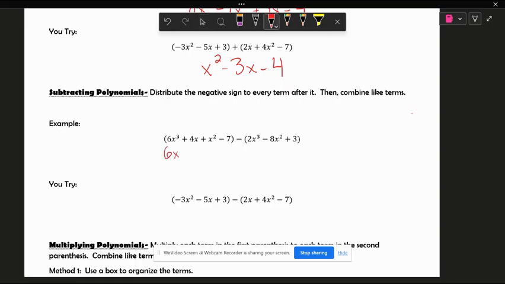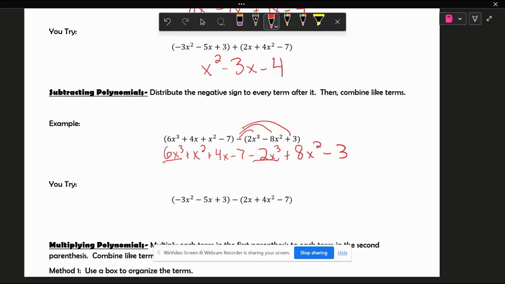So I'm going to put them in standard form while I'm doing this, because that's ridiculous that they're not. x squared plus 4x minus 7. And then distribute the negative. So negative 2x cubed, positive 8x squared, and a negative 3. It just flips the signs of all the terms inside the parentheses there.